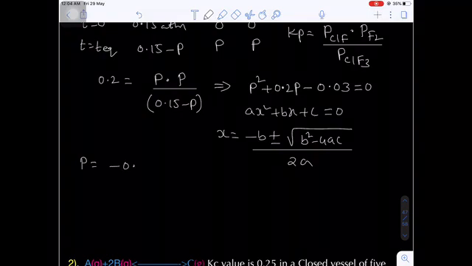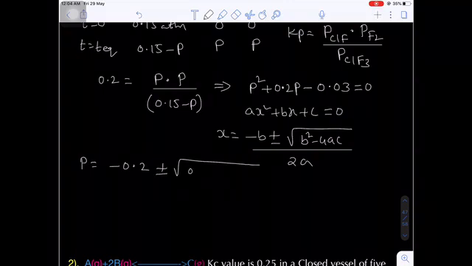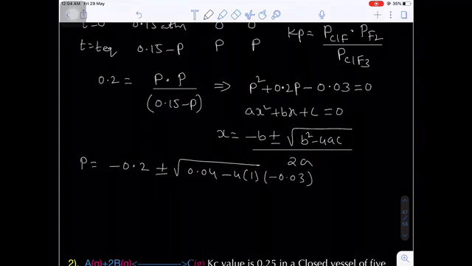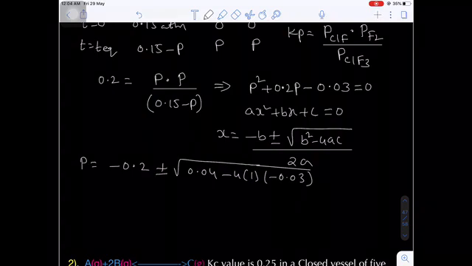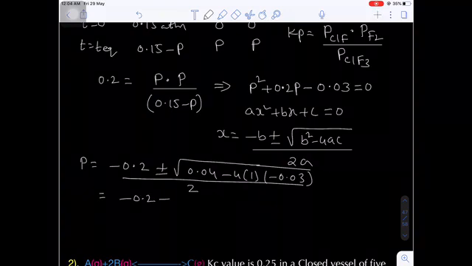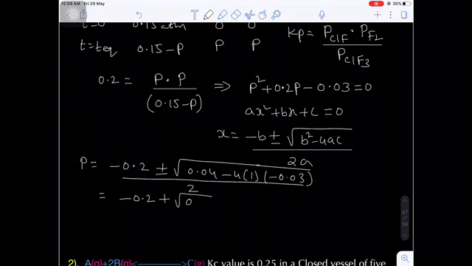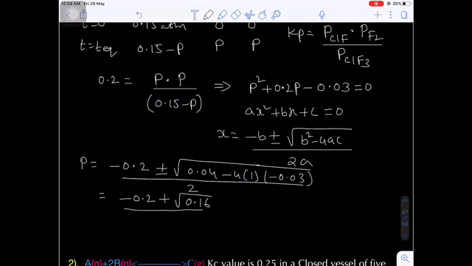P is equal to minus b, that is minus 0.2, plus or minus under root of 0.2 whole square, 0.04, minus 4 into a value 1, c value minus 0.03, whole divided by 2 into 1. Here I am taking the positive value only. So overall the under root you will get 0.16, whole divided by 2.